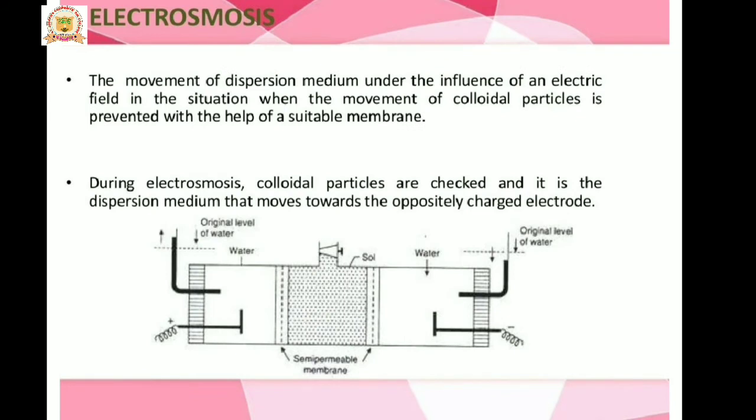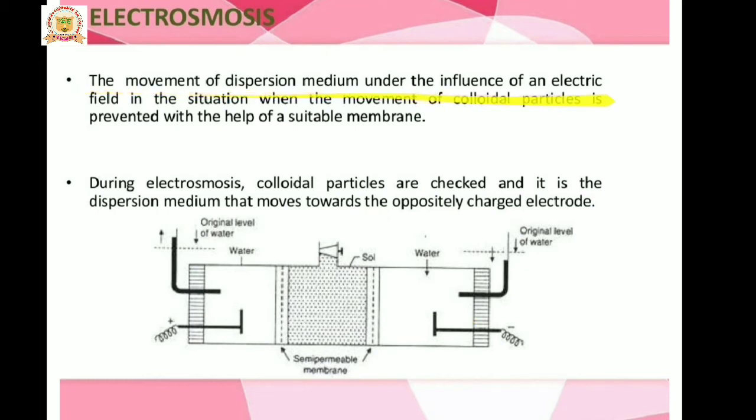The process of electroosmosis. In that, this is a colloidal solution. This can be separated by using a semi-permeable membrane. They apply the electric field to both sides. One end is connected to the positive terminal of the battery, the anode. The other end is connected to the negative terminal, that is the cathode.